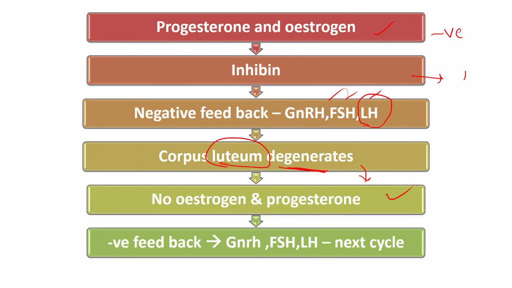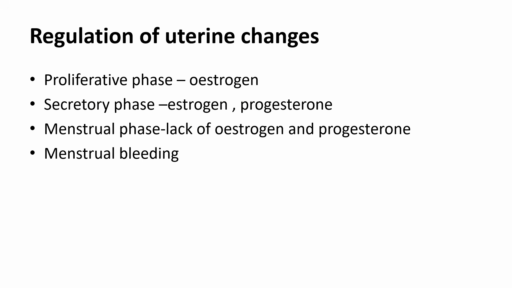No estrogen and progesterone means the endometrium sheds. And again GnRH starts its production, which activates FSH and LH, and the next cycle repeats.